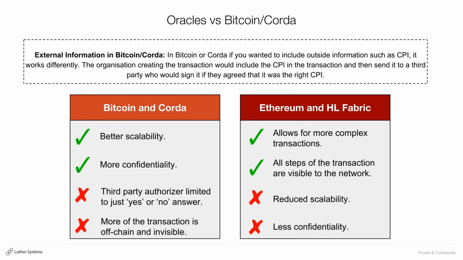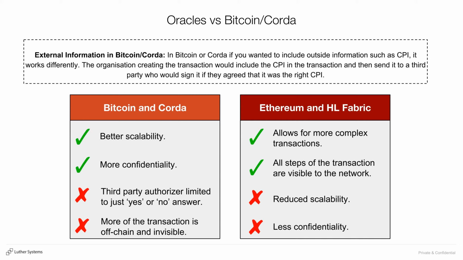So in this type of case, if you were trying to include, let's say, a consumer price index in a Bitcoin type of transaction, then the way it would work is the organization creating the transaction would include that consumer price index in the transaction and then send it to the third party, and the third party would then sign it if the third party agreed that was the right CPI.